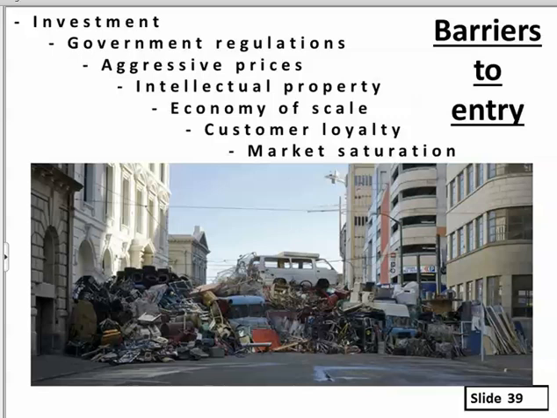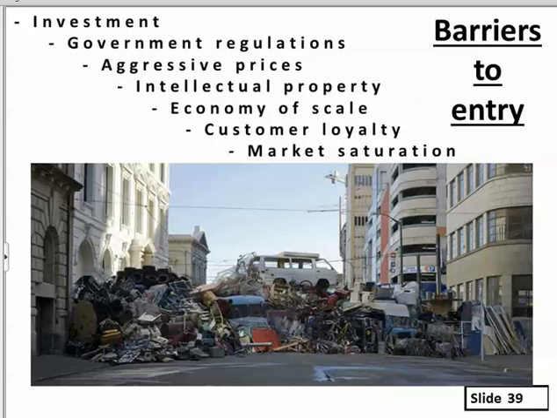Okay? Market saturation, what that means is that all the customers that want to buy the product are buying it. In other words, it normally refers to a market that is shrinking, where there are fewer and fewer people that want to buy that particular product, and there are enough competitors already that the price has been driven down and the customers are quite happy.